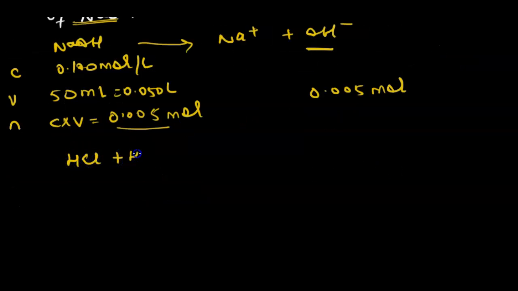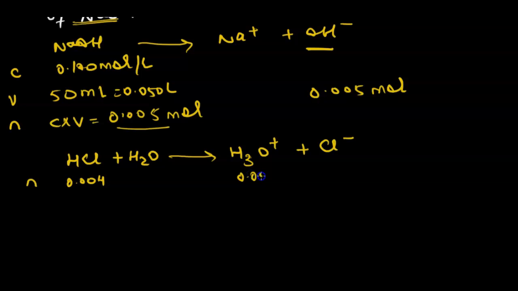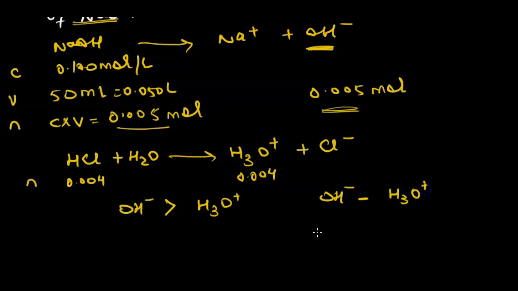HCl has still not been added. It is whatever it was present originally. We have hydronium ions and Cl negative ions. Here the number of moles was 0.004. This is also 0.004 moles. Now we would see OH negative moles are more than hydronium ion moles. So we would subtract hydroxide ions and hydronium ions moles.